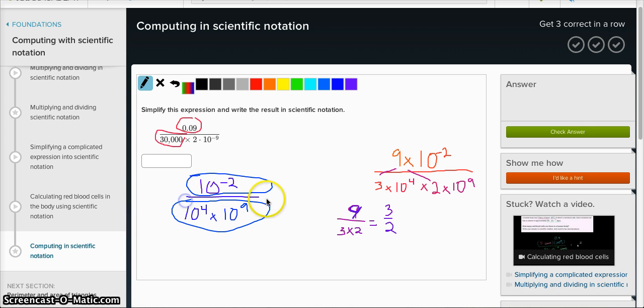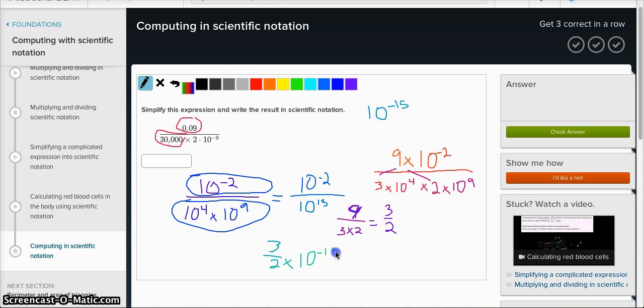This one's just going to stay the same on top. I'm going to add the bottom exponents together, so that's 10 to the 13. And then I'm going to subtract from the top to the bottom. So negative 2 minus 13 is 10 to the negative 15th power. So that's basically the answer. It's going to be 3/2 times 10 to the negative 15th power.